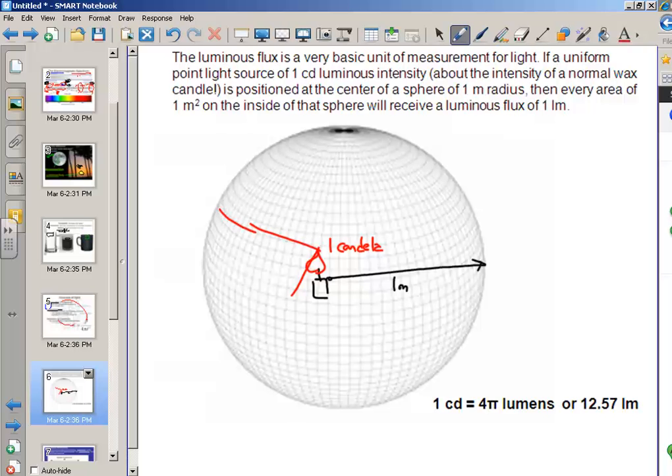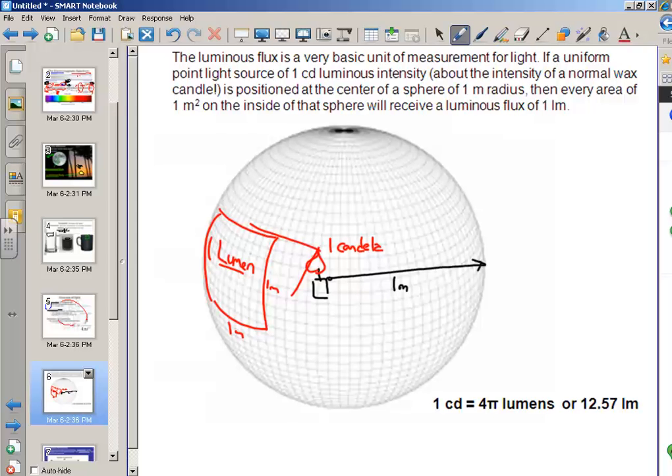Now, if this is 1 candela, and this is 1 meter in radius, and you take a square meter, 1 meter by 1 meter, what falls on this square is 1 lumen of illumination.